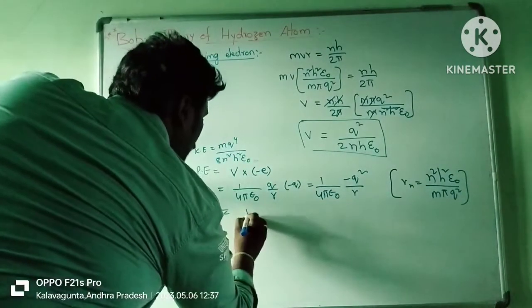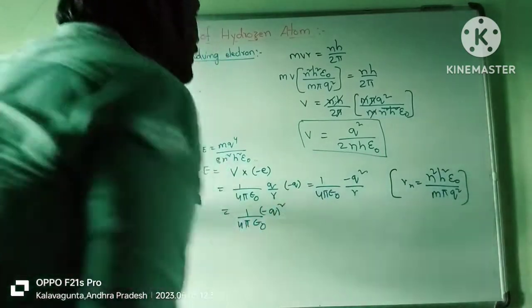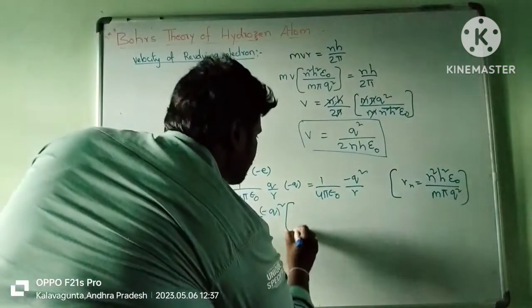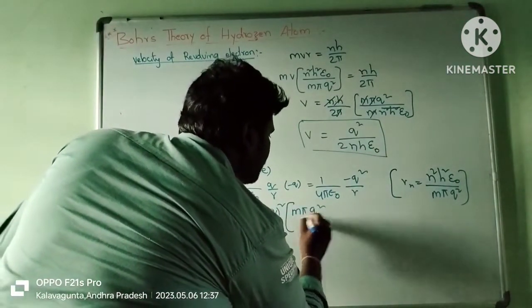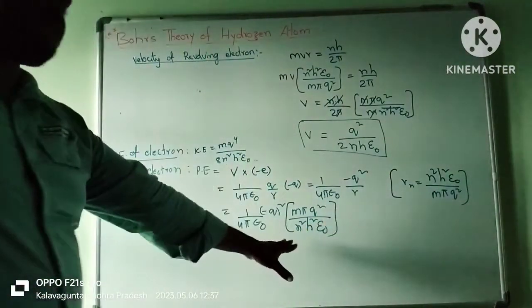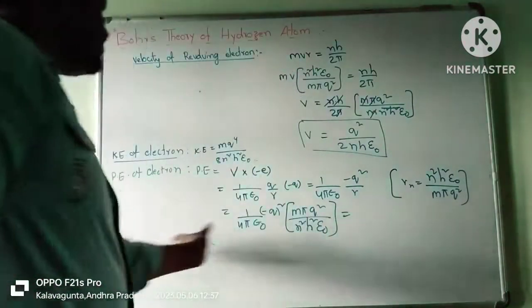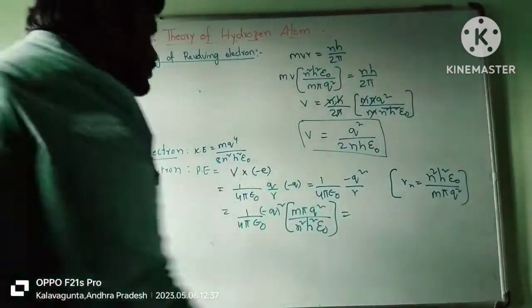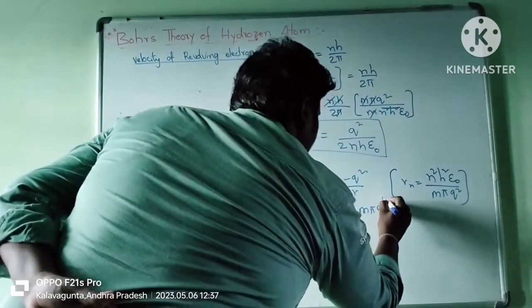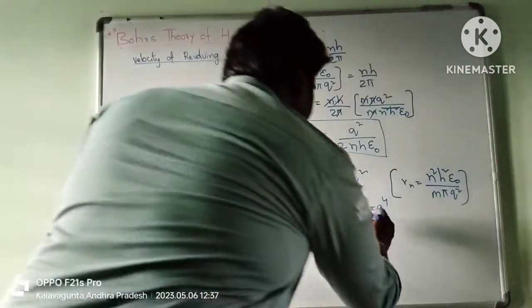Then see, 1 by 4 pi epsilon naught, minus q square, into 1 by R. 1 by the orbit radius means it will be reversed. So that means m pi q square by n square h square epsilon naught. Now in this value, making the simplification, minus q square becomes minus m pi q power 4. And here 1 pi and here 1 pi will be cancelled.